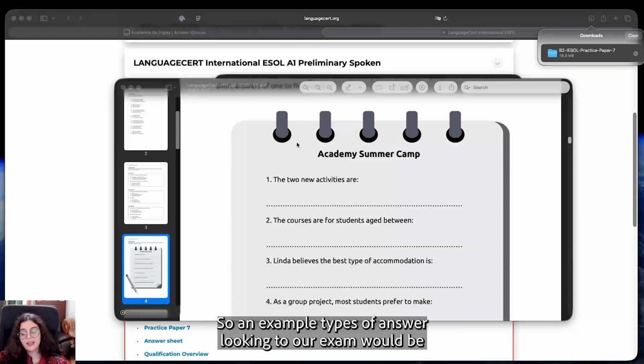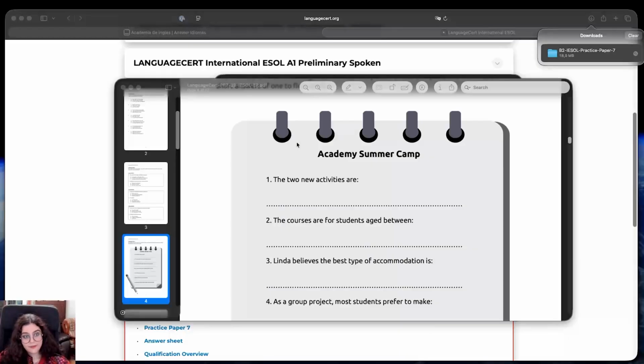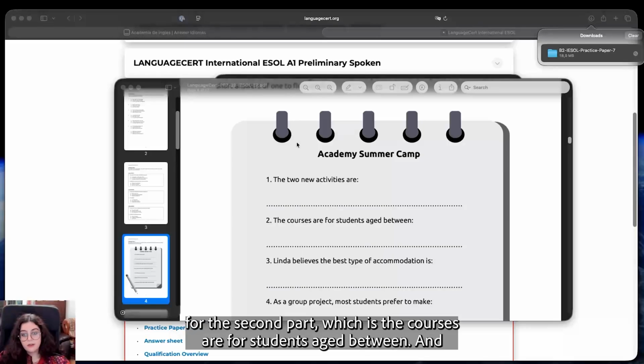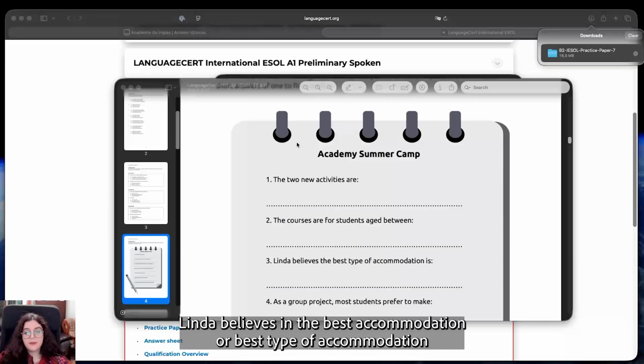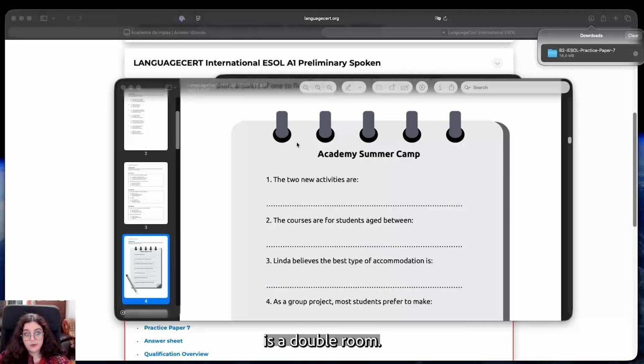So, example answers in our exam would be sailing and hockey for 2 new activities, 7 to 14 for the courses are for students aged between, and Linda believes the best type of accommodation is a double room.